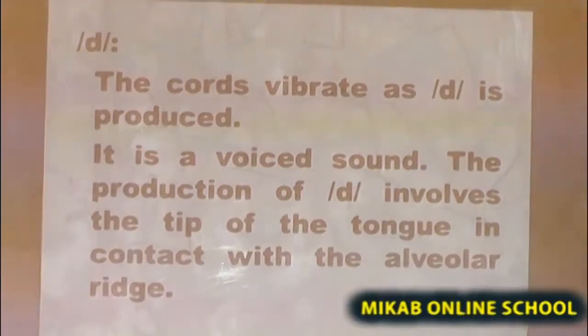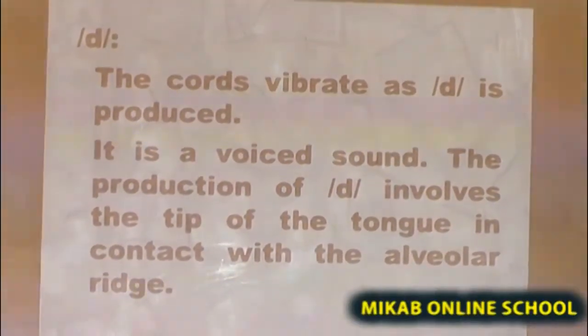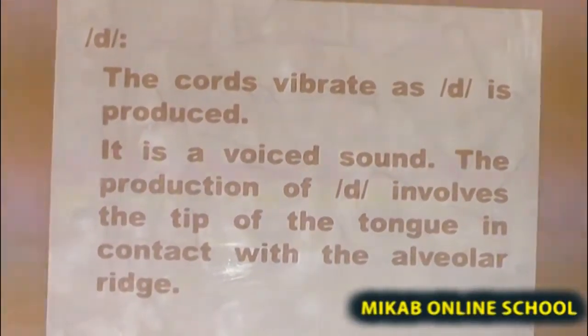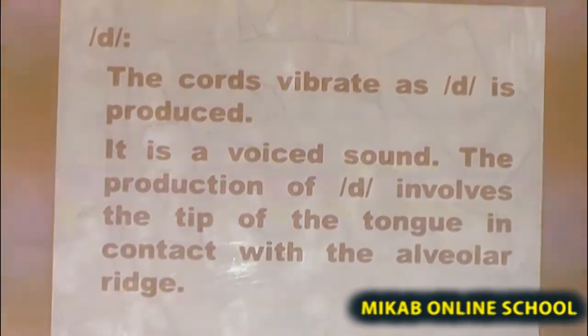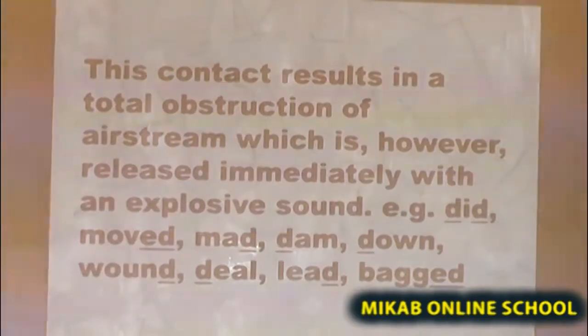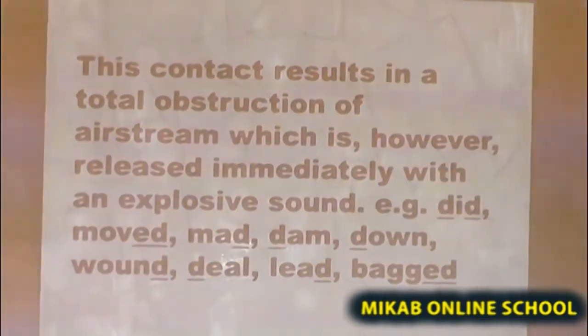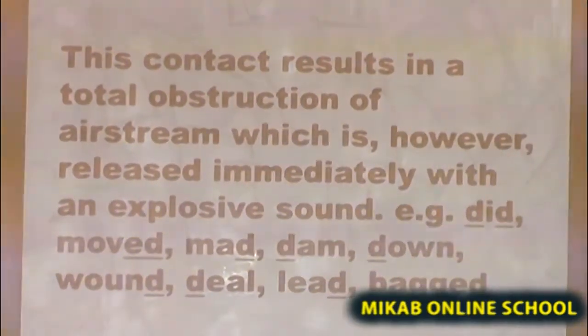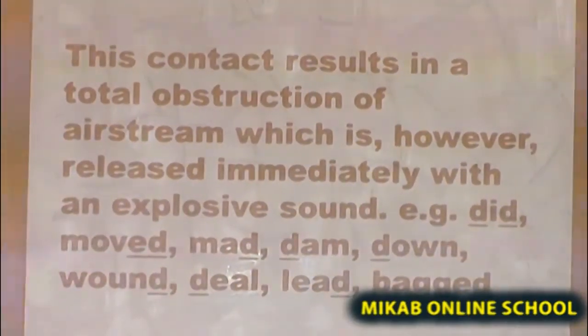Hence, it is called a voiced sound. The production of da sound involves the tip of the tongue in contact with our alveolar ridge, as I've said, and this contact will result in a total obstruction of airstream, which is however released immediately with an explosive sound.